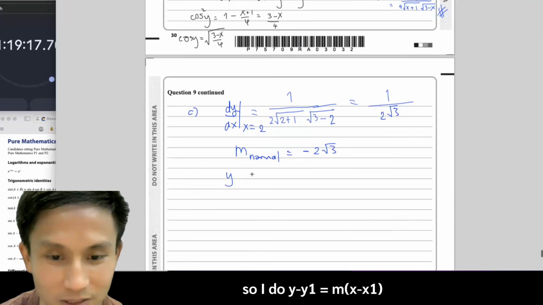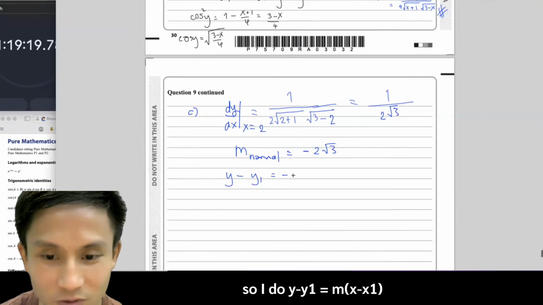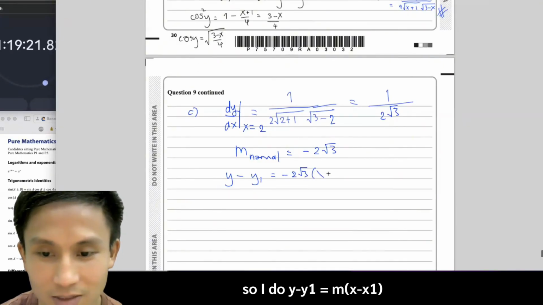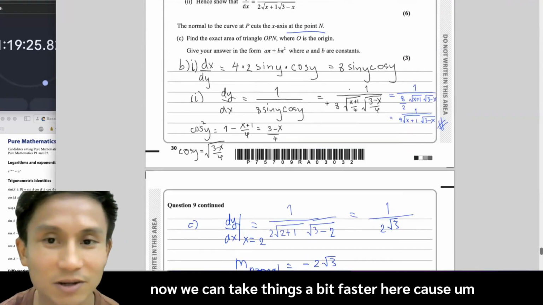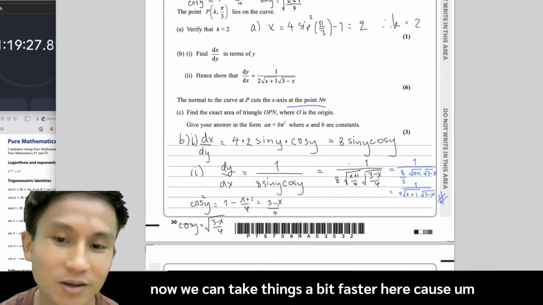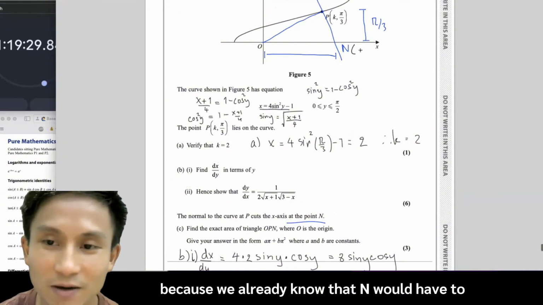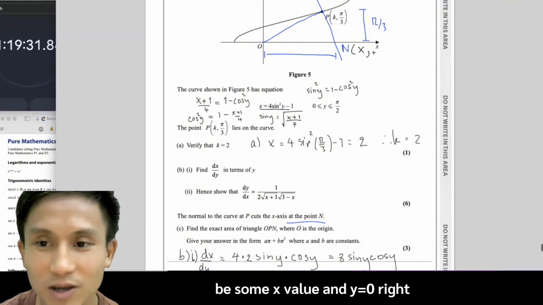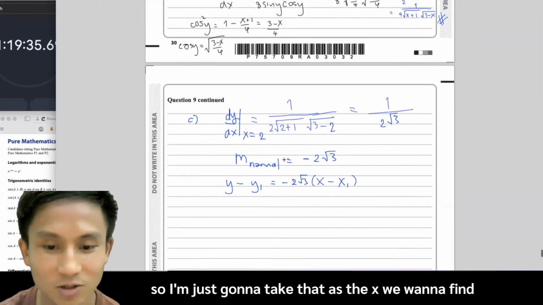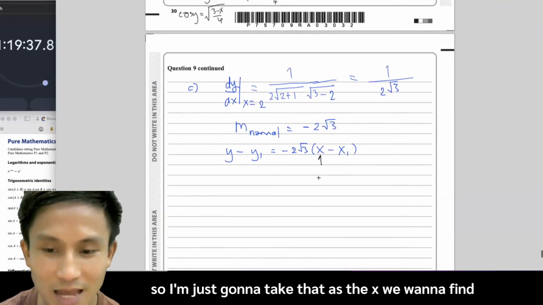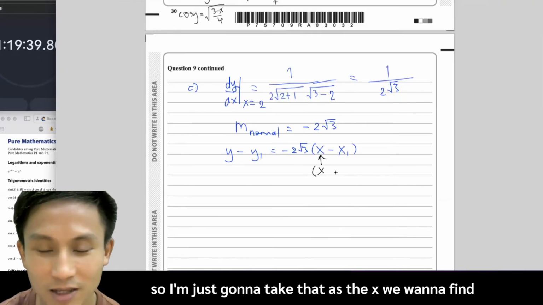That's it. Okay. And then we need to find the linear equation. So I do y minus y1 equals the gradient, and then x minus x1. Now we can take things a bit faster here because we already know that N would have to be some x value and y 0, right? Because we want to find x. So I'm just going to take that as the x we want to find.